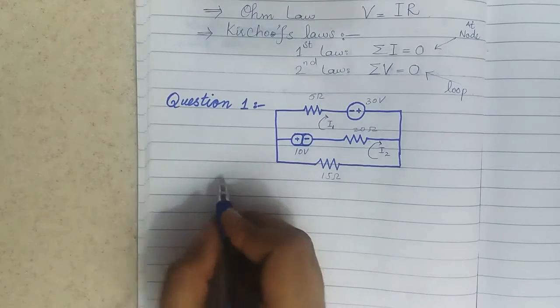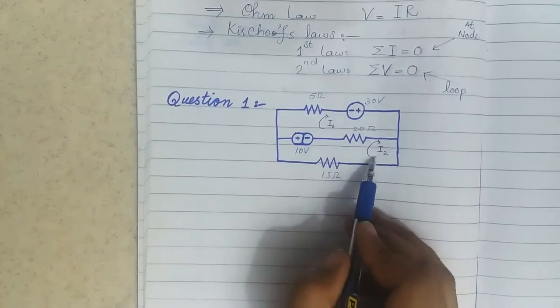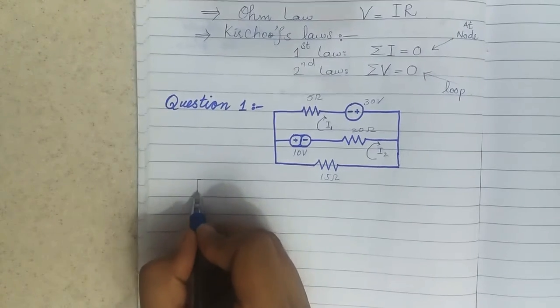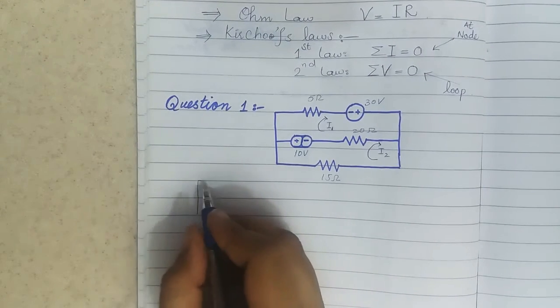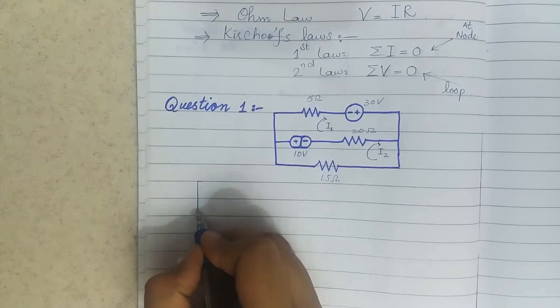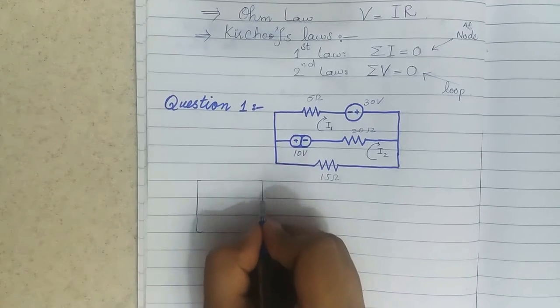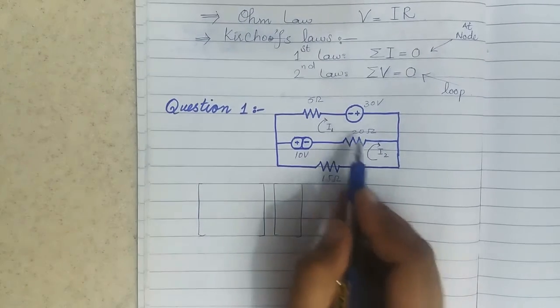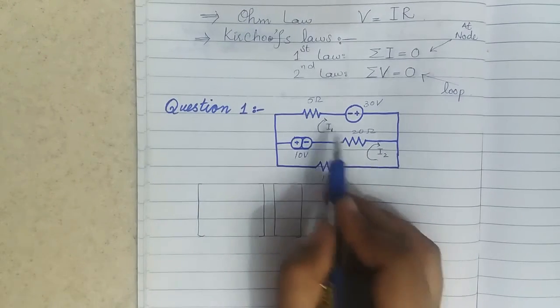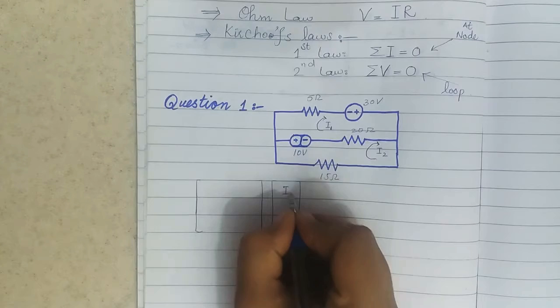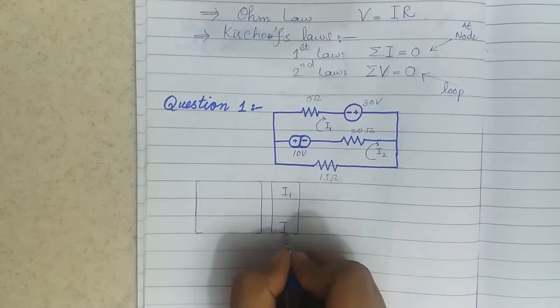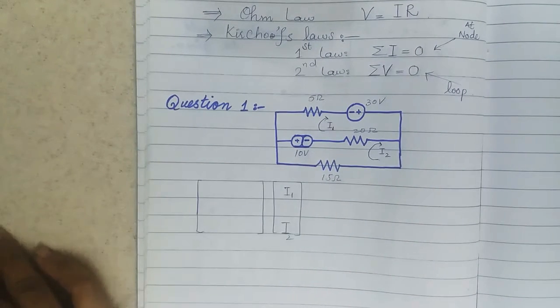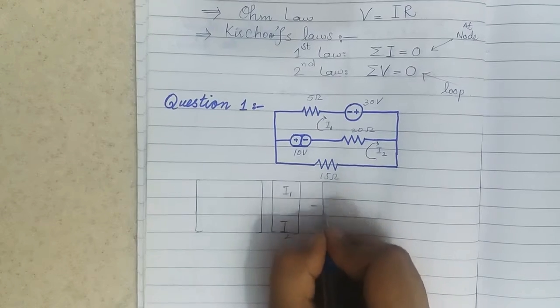So we will start as, these are two loops. This is our matrix. The unknown values are the currents I1 and I2. In the first loop is I1, in the second loop is I2, equal to voltage.